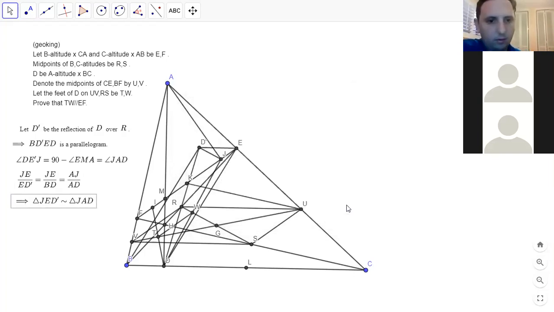And once we have that, that means JED' is similar to JAD. That means that JDD' is similar to JEA. Right, is that right?